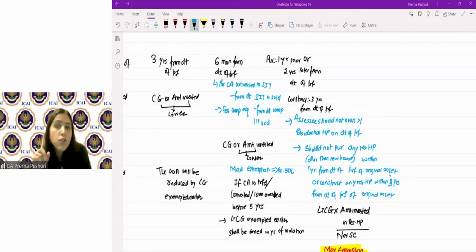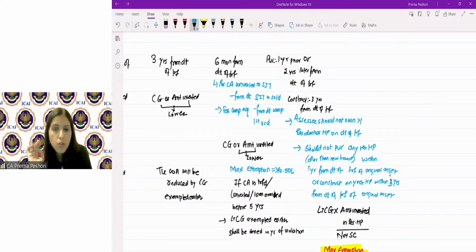So in case he is first of all transferring the new house within the 3-year period, then the capital gain arising on the transfer of new house and the capital gain exempted earlier under 54F, both will be taxable as long-term capital gain.